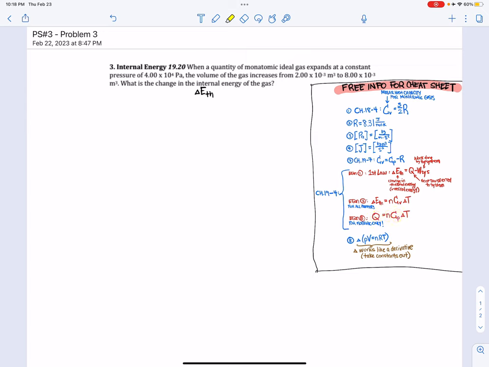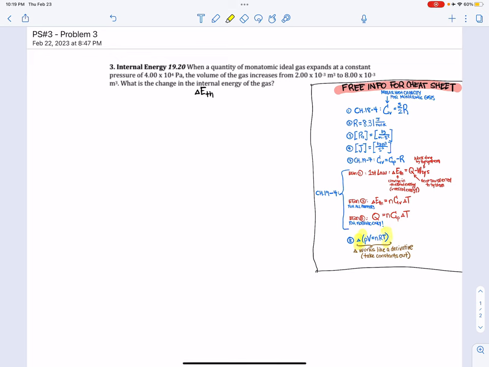Okay. And lastly, some interesting info that I only found out about yesterday. When you have the ideal gas law, PV equals nRT, I wanted to put a delta outside of the whole equation.